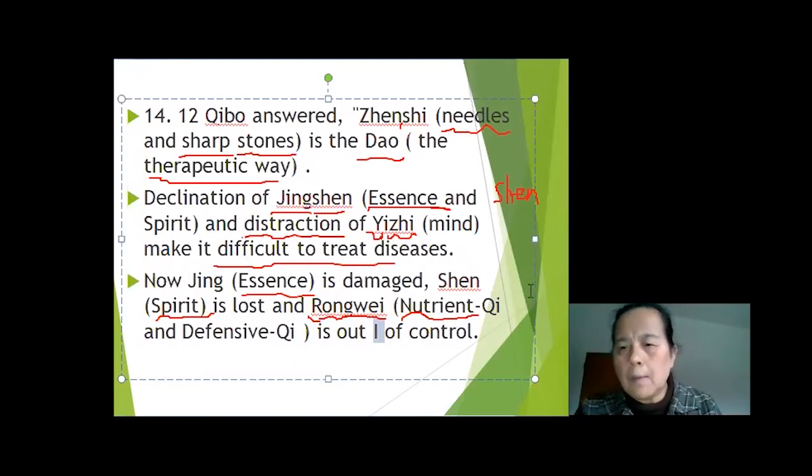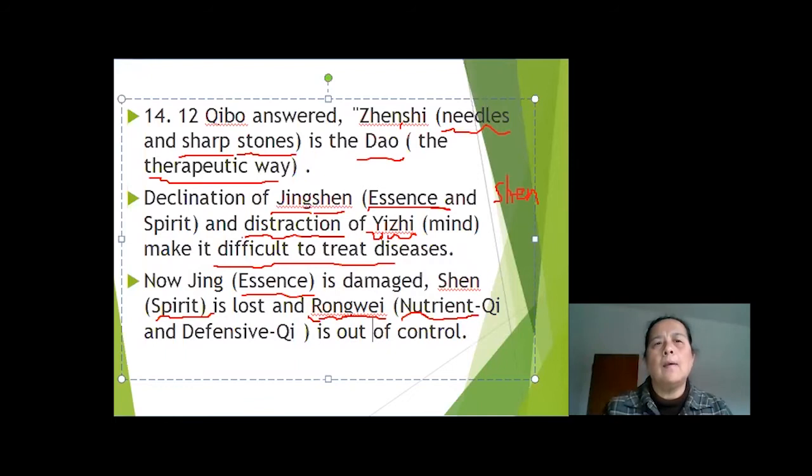So that means Rong and Wei are not working, the spirit is not working. That means it's difficult to treat or not able to treat.